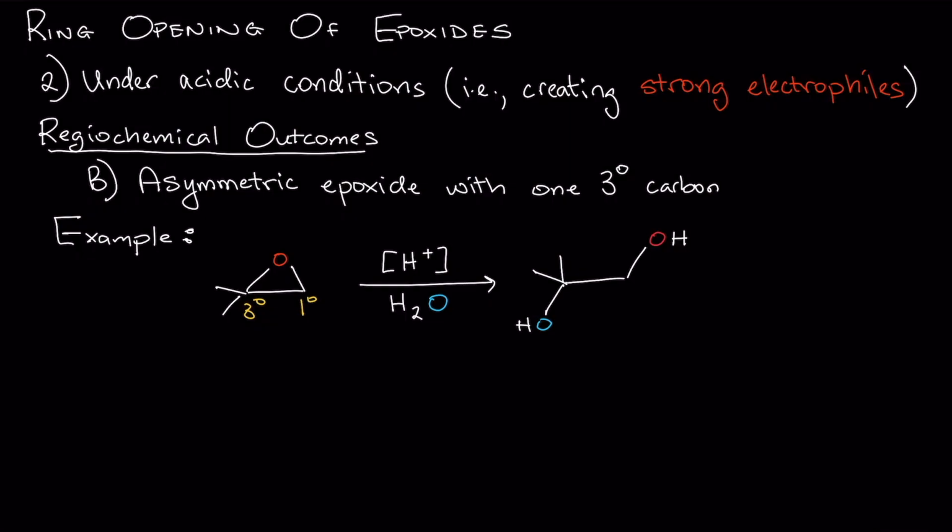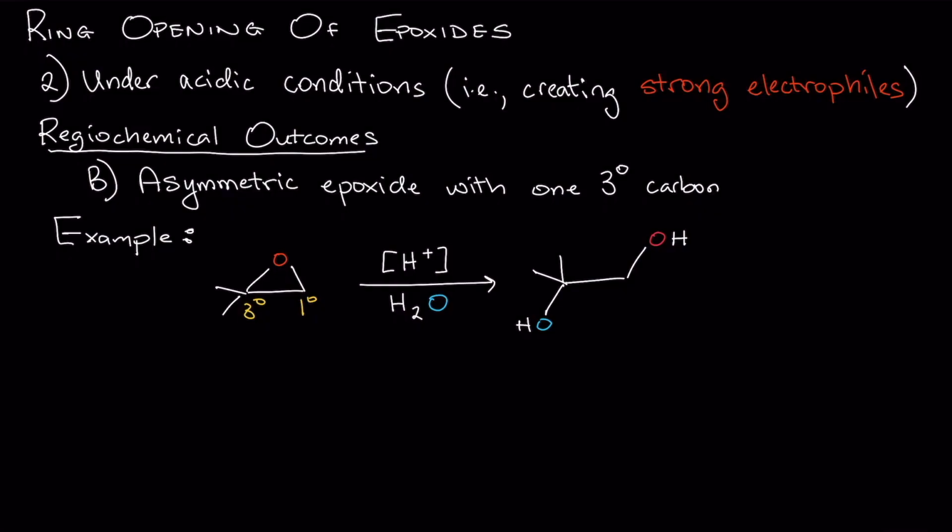Okay, so now in our second scenario, scenario B, where you have an asymmetric epoxide with one tertiary carbon bonded to that oxygen. So here's an example. And we treat this asymmetric epoxide with water, your nucleophile, and in acidic conditions, which is your H plus.